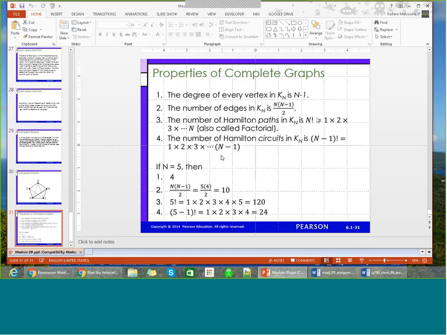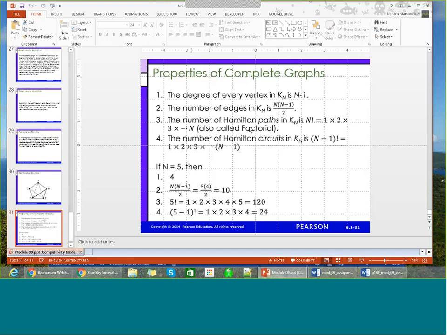You can do this in your calculator as well, punching 5 and then the factorial character. You should look up how to do that in your calculator by looking up factorial. It should tell you how. If you cannot figure out how to do that, just do it manually: 5, 4, 3, 2, 1.